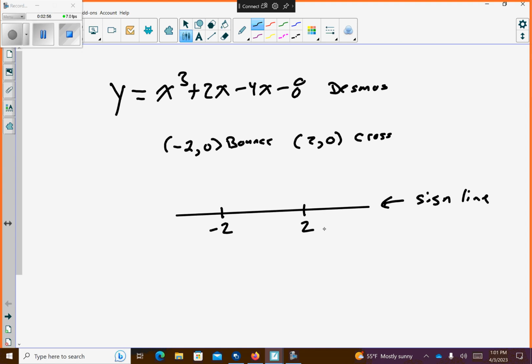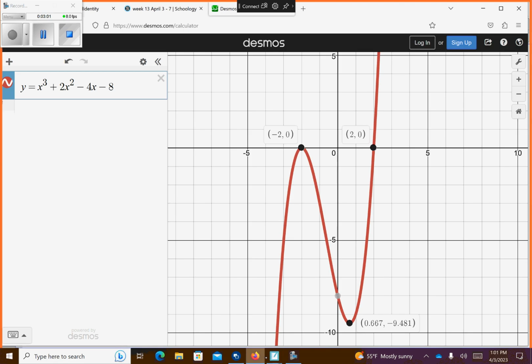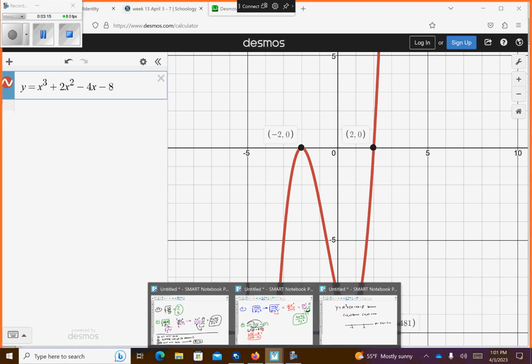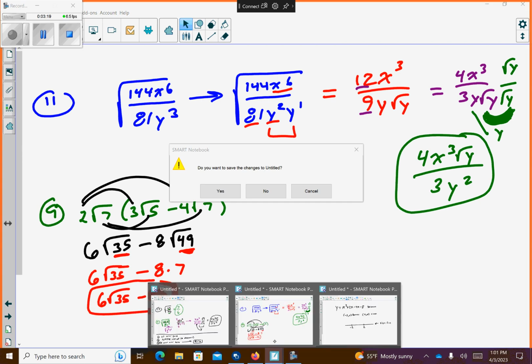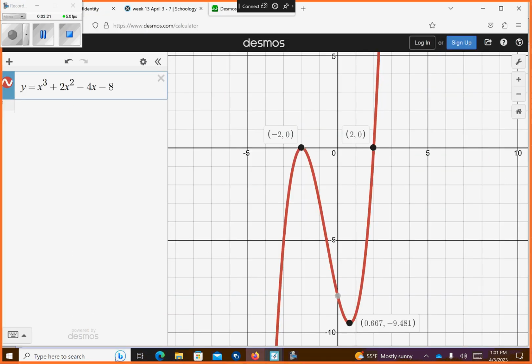Okay, so if we go back and forth with our problem, we can see a few things on Desmos at -2. Let me see how I want to say this. Let me get rid of this.